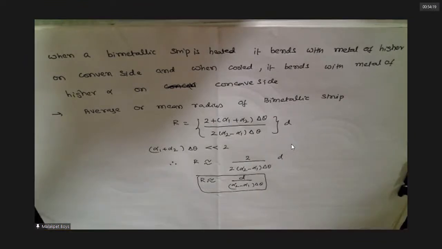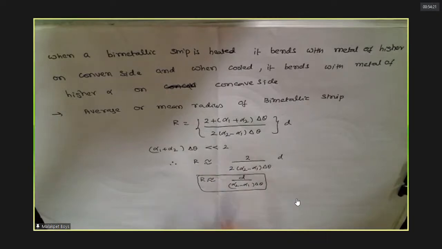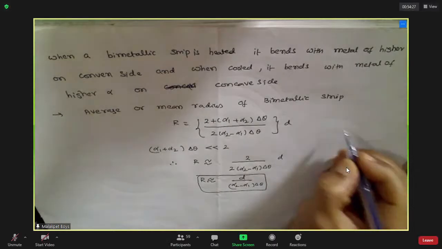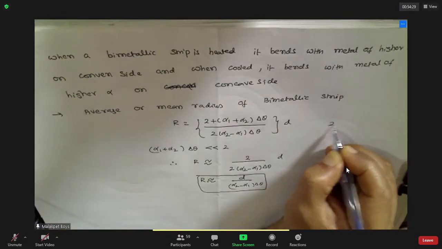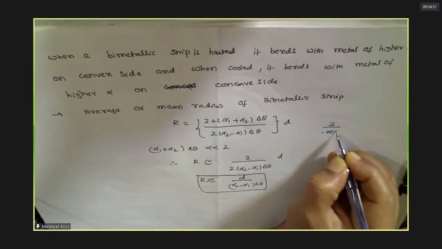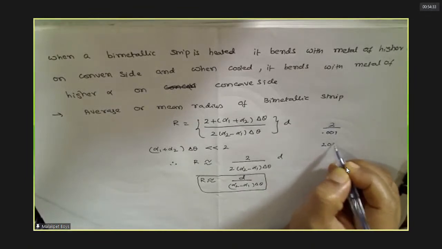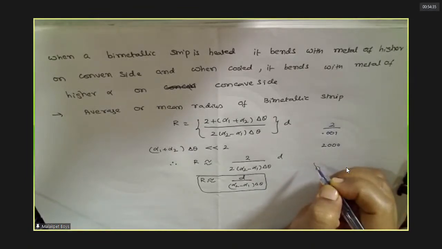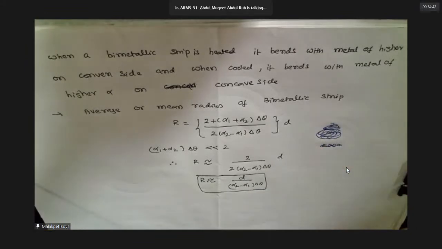Only addition and subtraction should be taken into account, division cannot. See, what happened to your minds? This is very small, you'll neglect. This is equal to what? 2000. You'll neglect that. The smaller this is, the value will be more. Understood, sir.